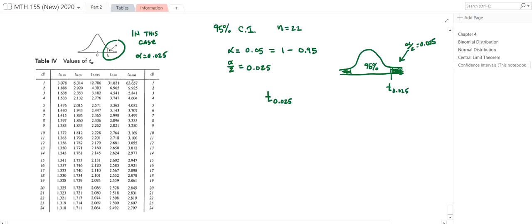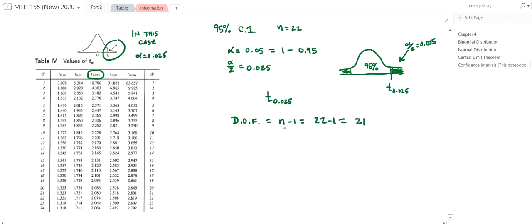So the way we do that then is we find our t of 0.025, and that's this t now. So we know what t we're looking for. Now we come down here with degrees of freedom. We haven't calculated that yet, but degrees of freedom for this problem equals n minus 1, which is 22 minus 1, equals 21.